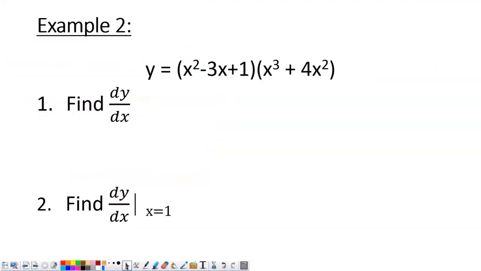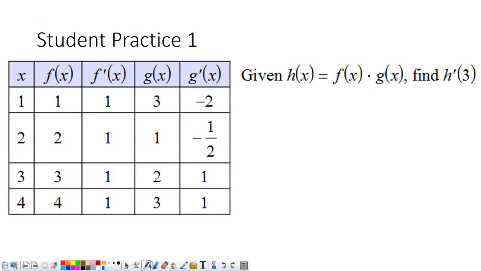Now I'm going to show you guys how to apply the product rule to something that, instead of having symbols, because for instance over here, we don't know what h and f and g are. They're just these invisible functions. We know what their values are for 1, 2, 3, and 4, but we don't actually know what the functions are. So we're just working with symbols.